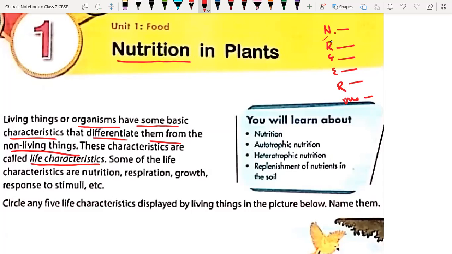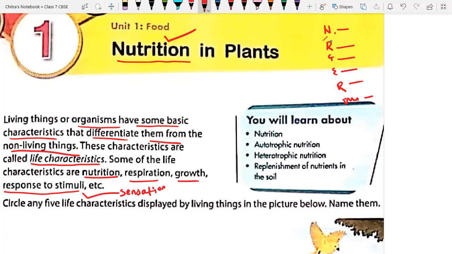Some of the life characteristics are, so one of them is called nutrition. We have different life processes, and one of them is nutrition, and this is our chapter. A few examples are nutrition, respiration, growth, and response to the stimulus, which is nothing but sensation.